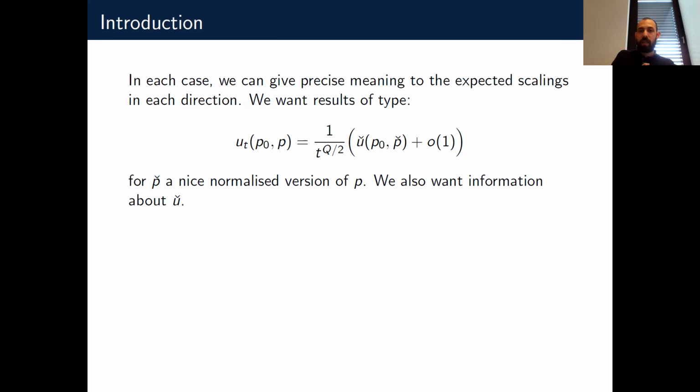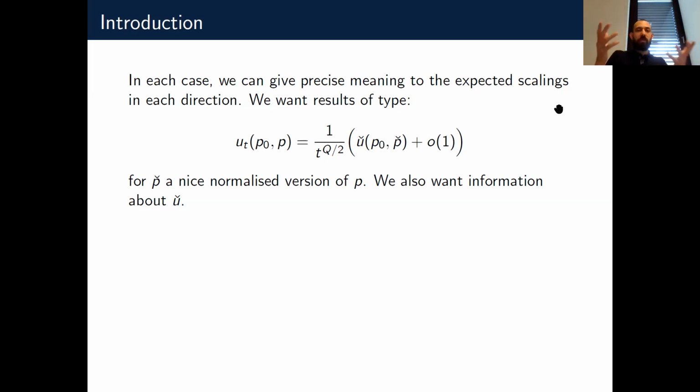The kind of thing I want to say, and specifically, this is the kind of result I'm looking for. So this is the density of a certain process. Obviously, it's going to explode in time, but I want that in good coordinates. So that's my p check.